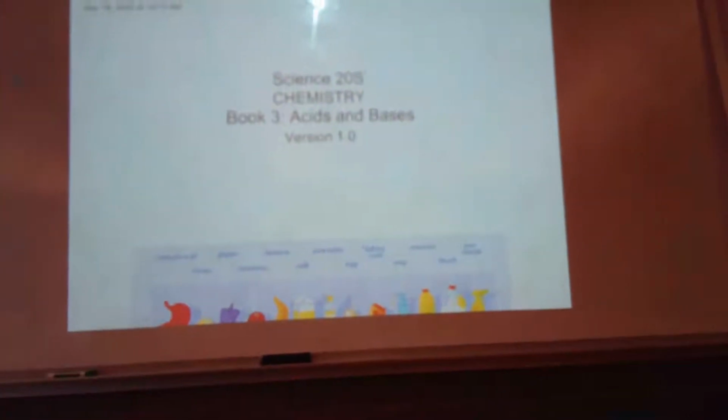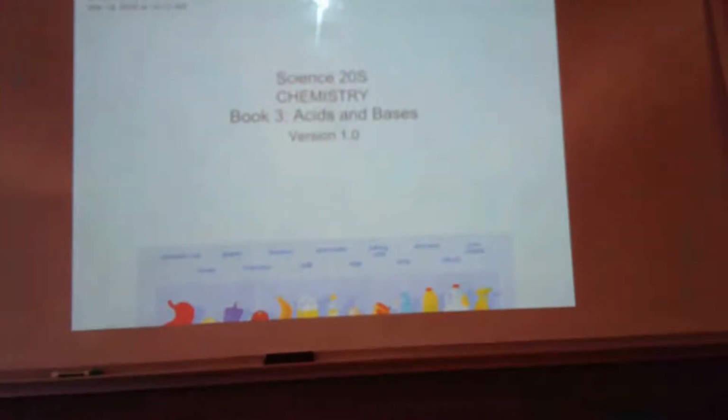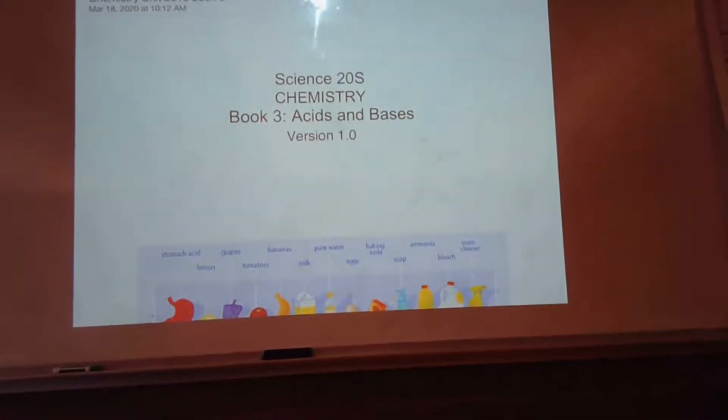We have to get that balanced. What would be in front of it? Right, that's correct. So what pretty much happens here is the H and the Mg switch, so that's the single replacement reactions that we talked about yesterday.